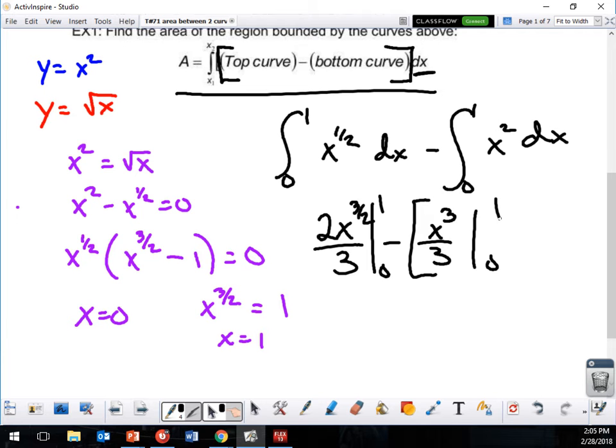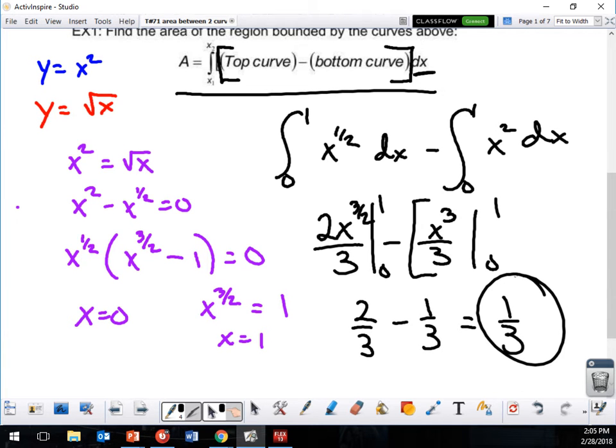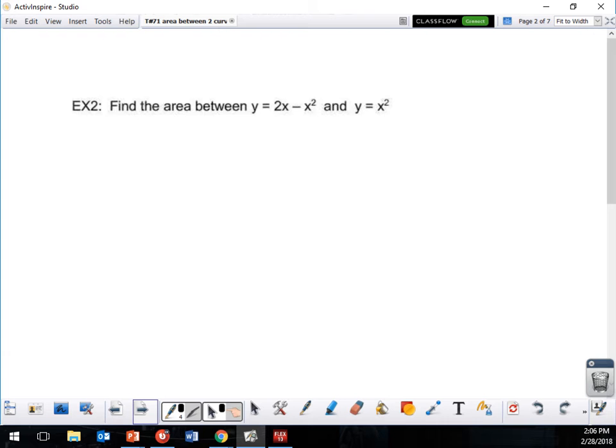So this is going to give me 2/3 minus 1/3, which is going to give me 1/3. That is the area between the two curves, the area of the region bounded by the curves above.